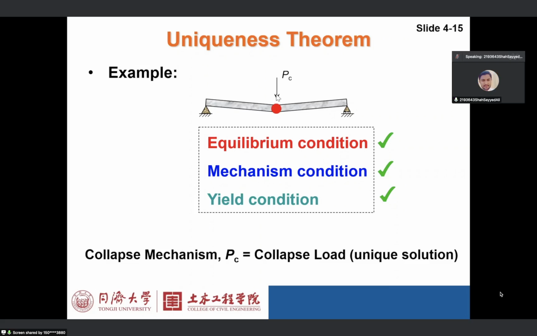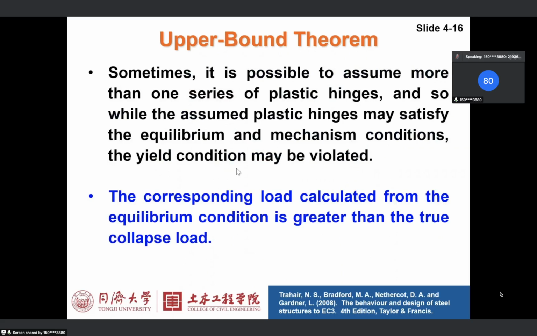The point load is here, but the plastic hinges are here, and then you use the kinematic analysis and you'll get another PC. That PC must be larger than the unique solution. So that PC is the upper bound result.